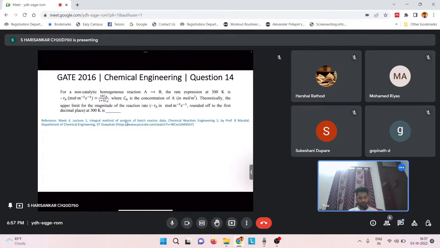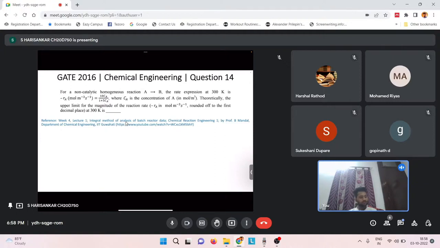So this is a question from GATE 2016 Chemical Engineering, question number 14. For a non-catalytic homogeneous reaction A gives B, the rate expression at 300 Kelvin is minus Ra is equal to 10 Ca by 1 plus 5 Ca, where Ca is the concentration of A in mole per meter cube.